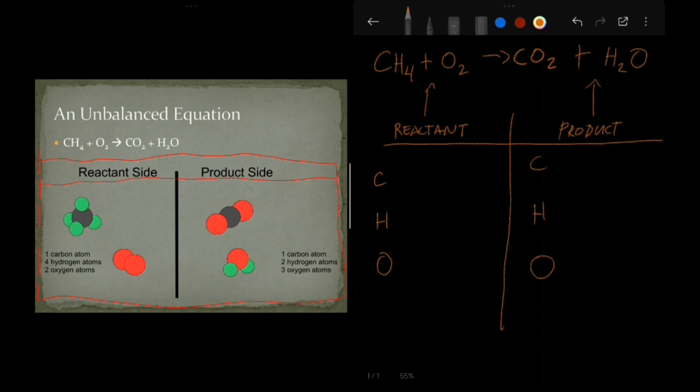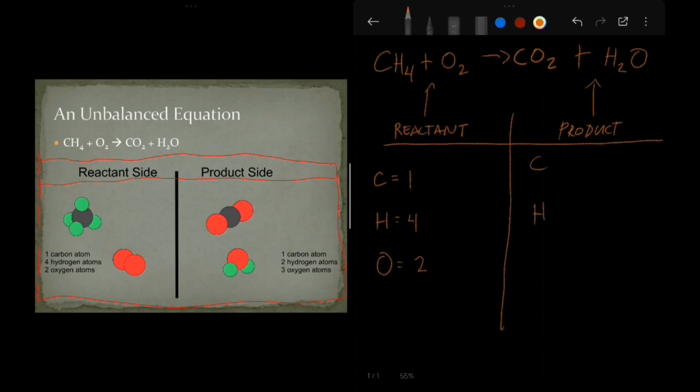Next, look for their subscripts. Since for carbon on our reactant side there is no visible number, we assume that carbon has 1 atom. For hydrogen, we have 4, simply by looking at the subscript. And for oxygen here, it has a 2.